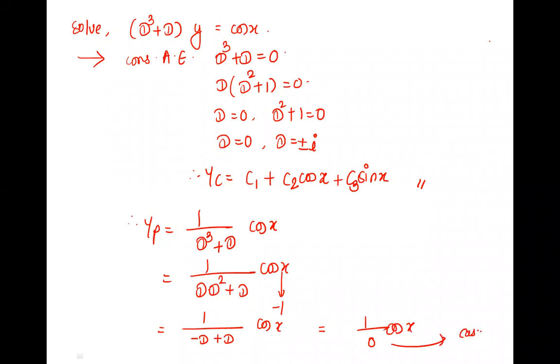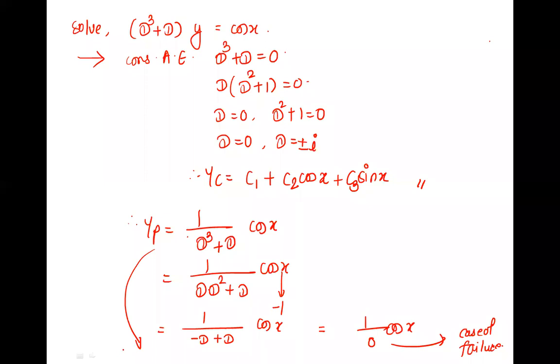It is a case of failure. Then what can we do now? Multiply by x and take the derivative of the denominator. This is actually the same as D cube being written as D square into D, so it can be done at this step too. Multiply by x and take the derivative of the denominator.